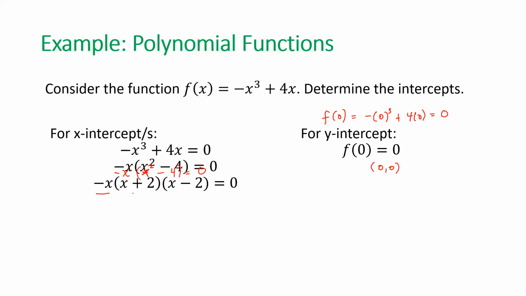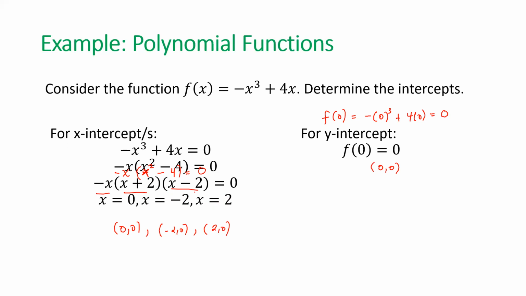Now equating all these factors to 0 and solving for x, we will get x equals 0, x equals negative 2, and x is equal to positive 2. So therefore the x-intercepts are 0, comma 0, negative 2, comma 0, and positive 2, comma 0.